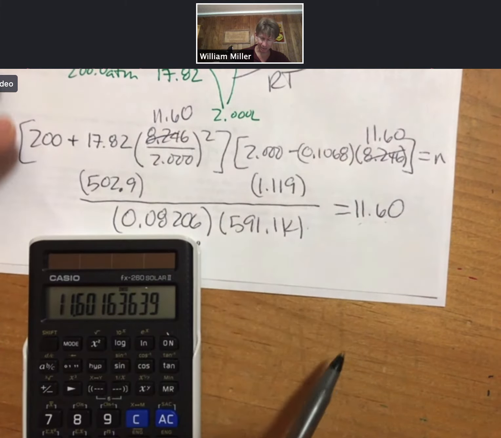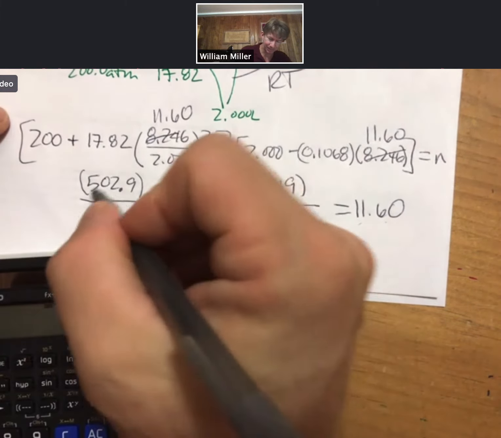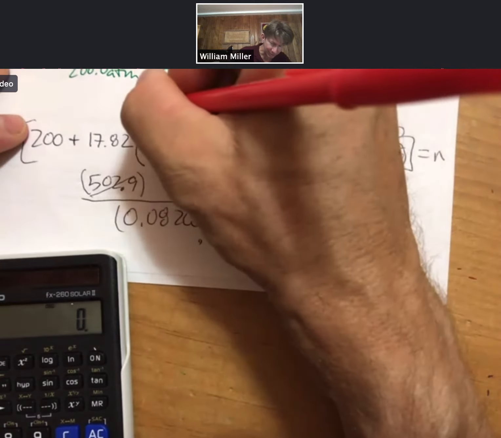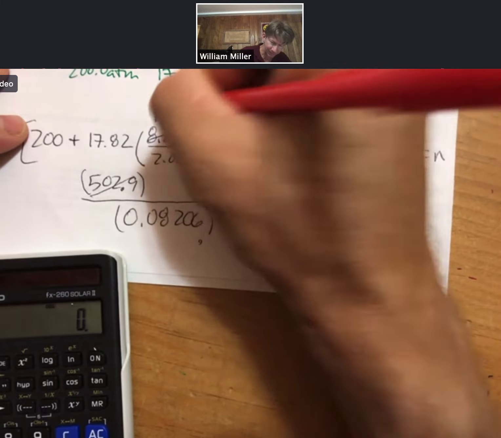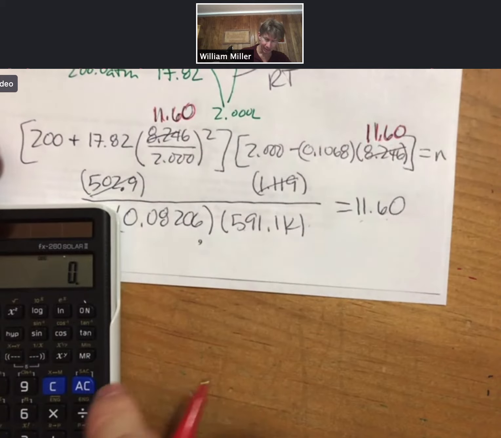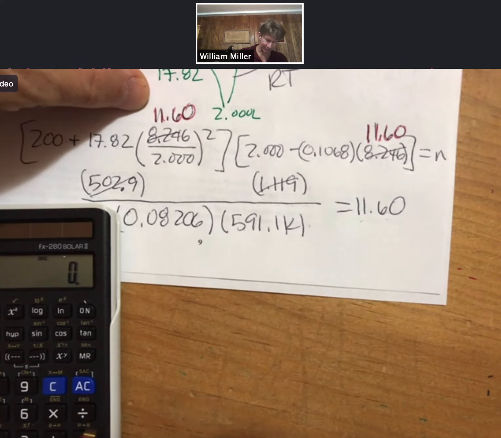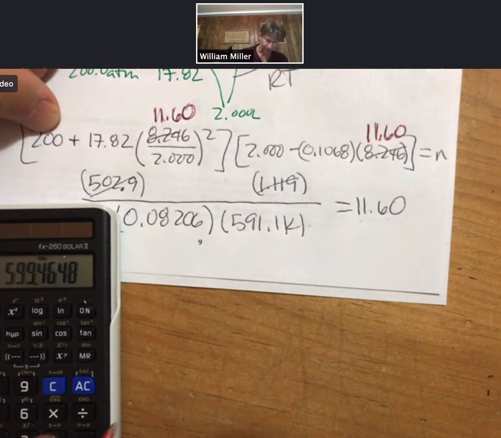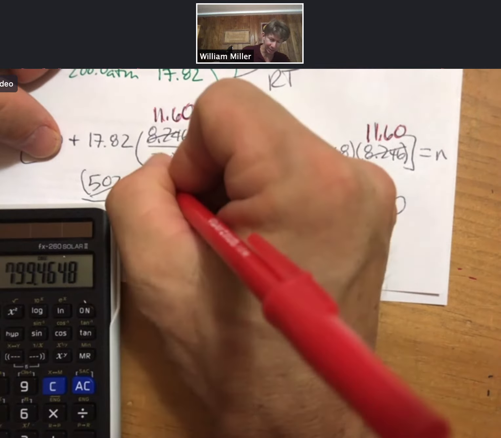These numbers stay the same. 11.60 divided by 2 squared times 17.82 plus 200 equals 799.5.